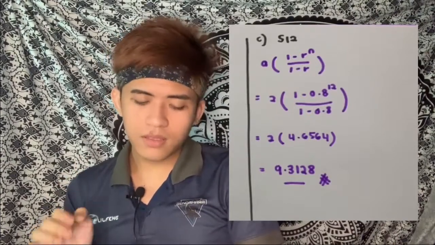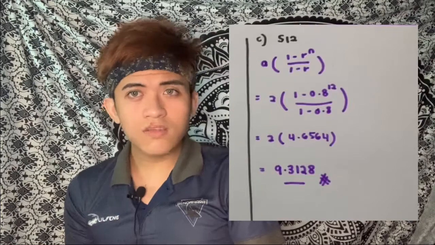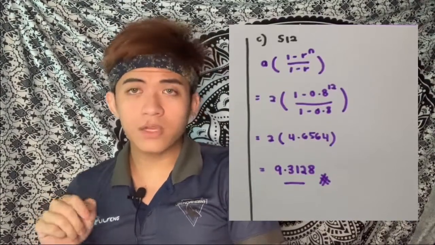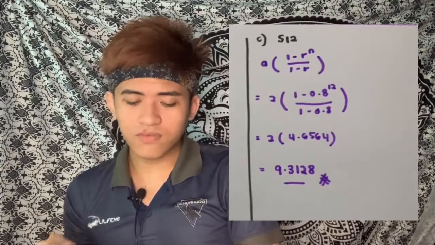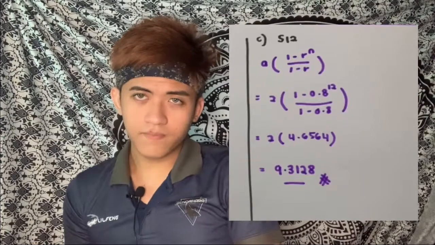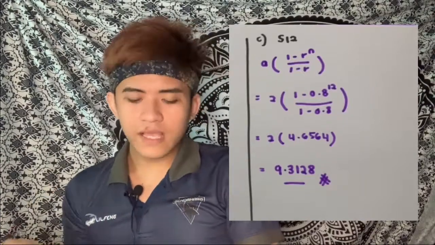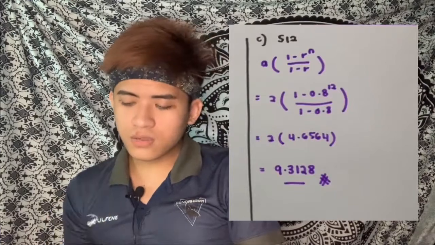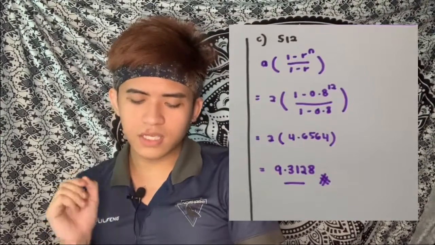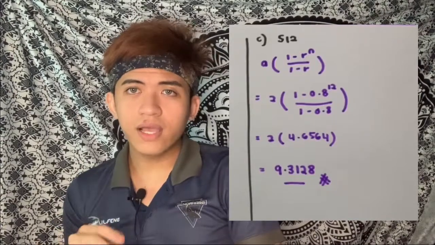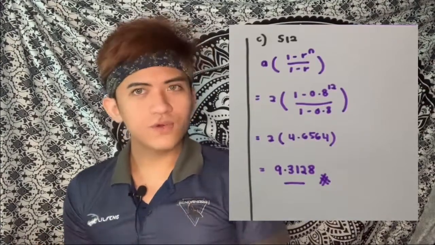We substitute all the variables, so it equals 2 times (1 minus 0.8 to the power of 12) divided by (1 minus 0.8). Then we get 2 times 4.6564, in which the total amount of sugar used after 3 months is 9.3128, or 9.31 cups. So basically that is the solution for this question.